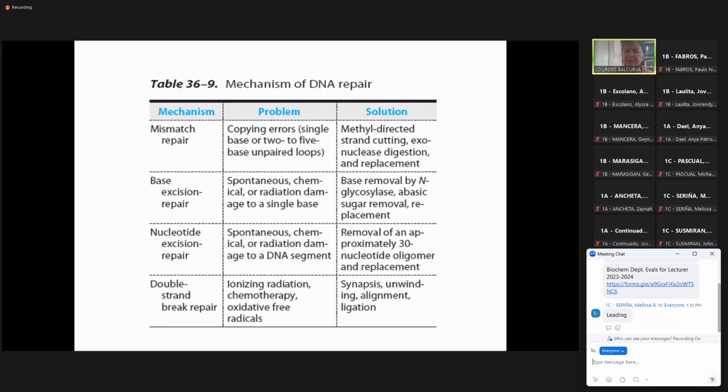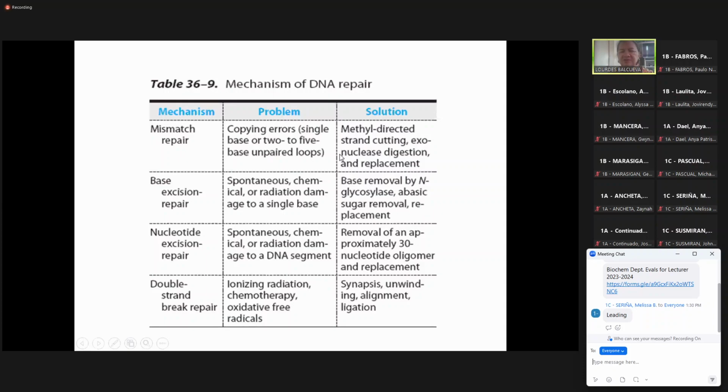Now these are the repair mechanisms if there are abnormalities. Mismatch repair: you can understand that a different nucleotide is incorporated into the chain. So these are copying errors, single base or 2 to 5 base mismatches and unpaired loops.